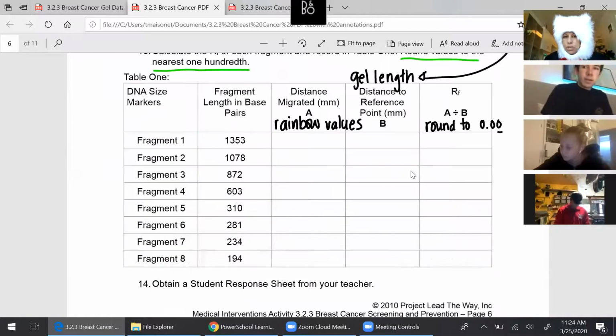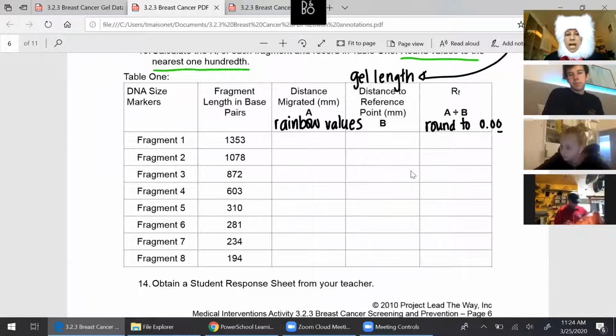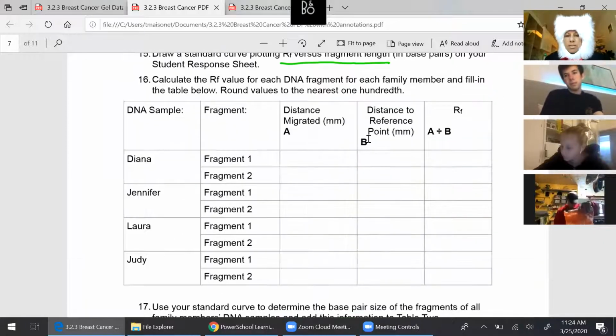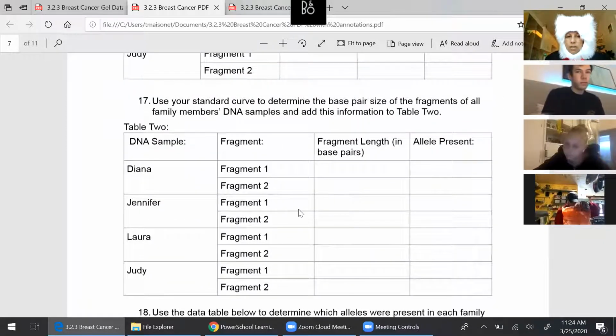That was chart 2. So now you found the approximate base pairs for all of your patients, and you can put them into table 2 down here. Once you look on the graph and estimate, let's say Diana's fragment, one of her bands was 250 and the other one was 300. Well, 250 is not a great example, but let's say one of hers was 300 and one of hers was 400.